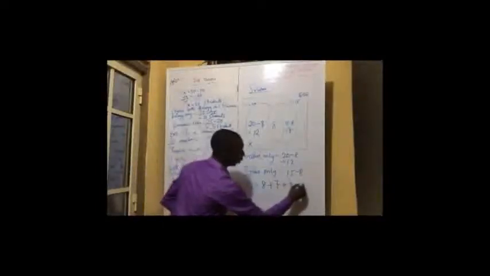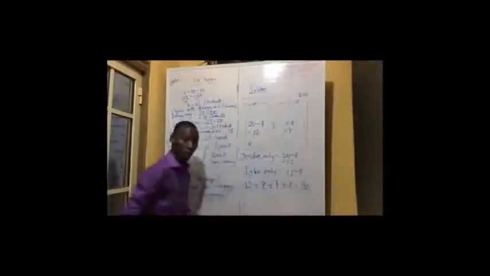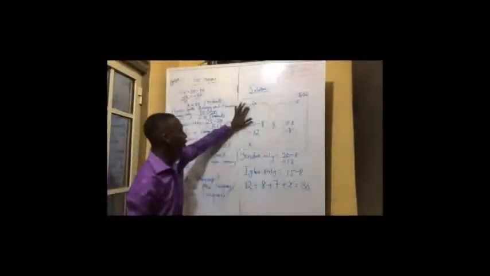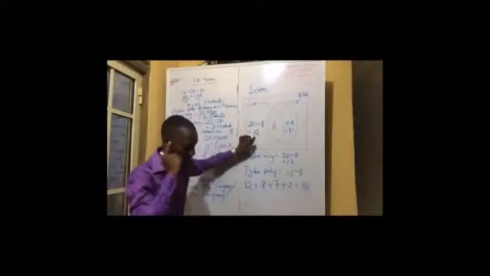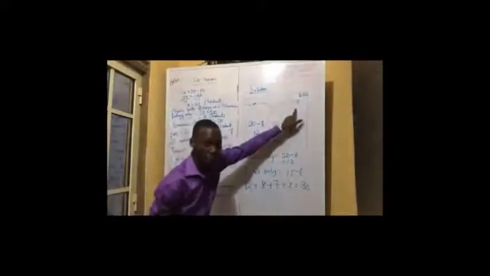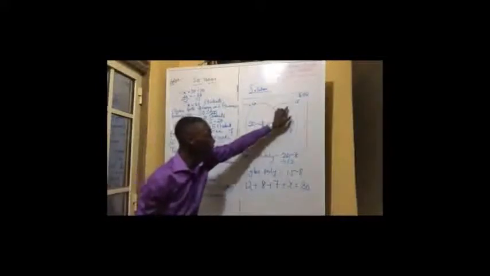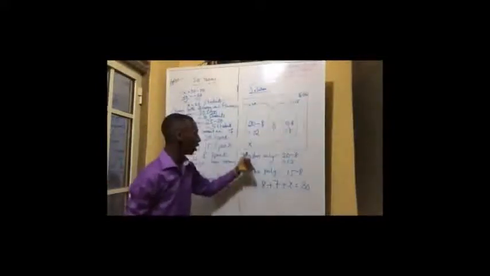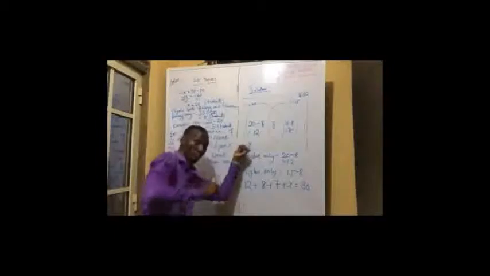That is equal to the total number of people in the committee, which is 30. The number that does Yoruba only, number that does both Yoruba and Igbo, number that does Igbo only, plus those that are not doing anything but still in that committee.